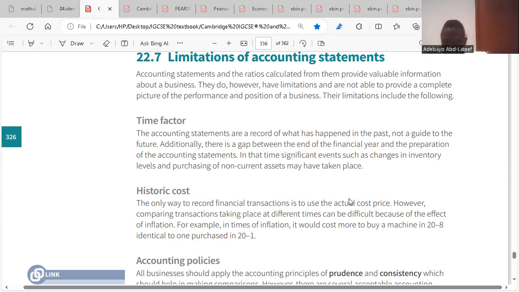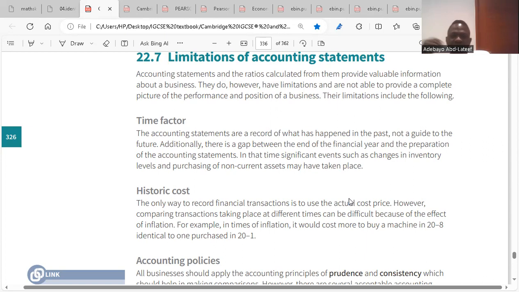When you are collecting records from the past to prepare your financial records, things that you calculated in the past, when you have to calculate them again now, will not reflect the same price. They would have changed with time, because of inflation.